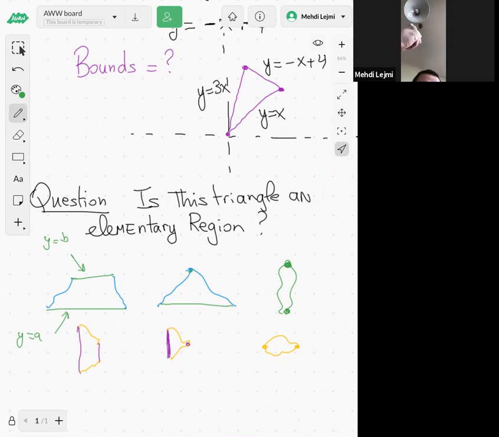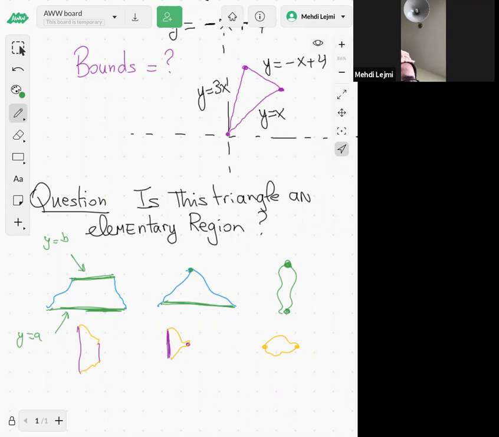So in elementary regions, your y or x should be between two constants. If y is between two constants, then either you have two horizontal lines, or one horizontal line and one point.